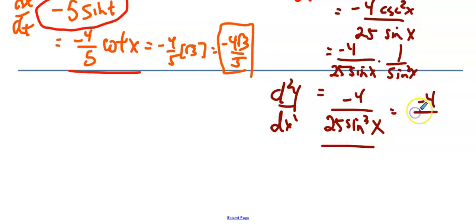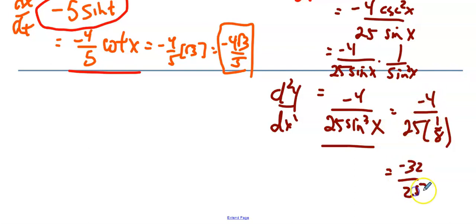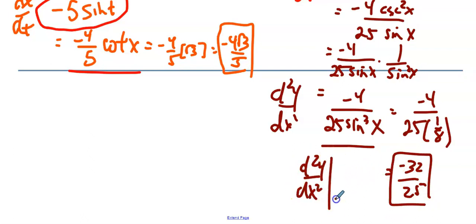So we get negative 4 over 25. The sine of pi over 6 is 1/2, so 1/2 quantity cubed is 1 over 8. And so we can just multiply and we get negative 32 over 25 as our answer. So this is the second derivative of our function evaluated at pi over 6.